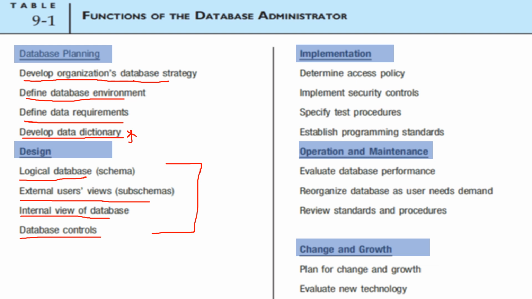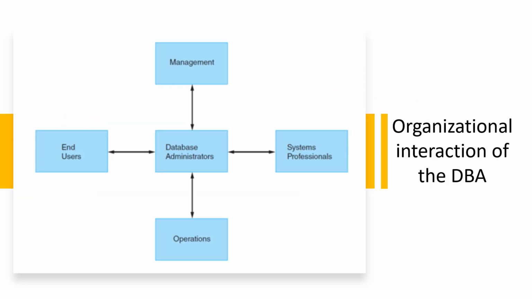So changing and growth is planning for change and growth, upgrading the data, evaluating the new technologies and so on, and trying to improve and upgrade the database management and process with the new technology. Okay, so here we have the organizational interaction of the DBA.